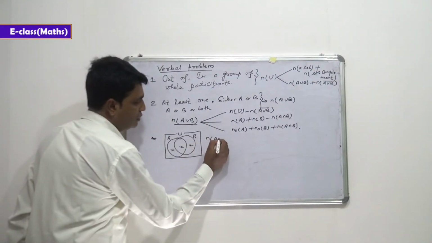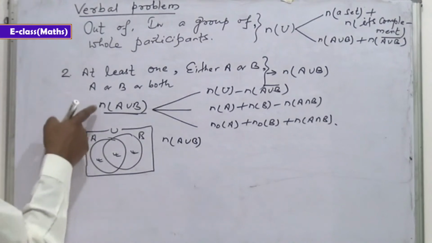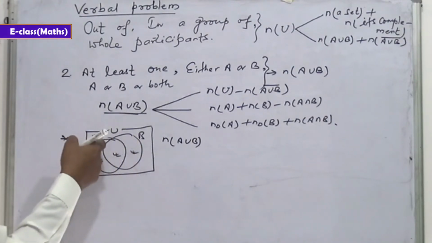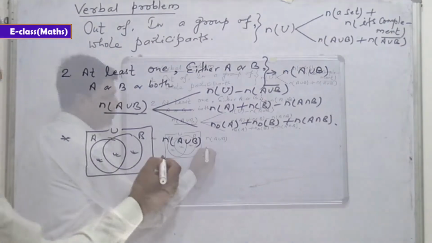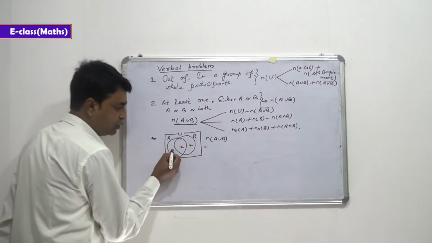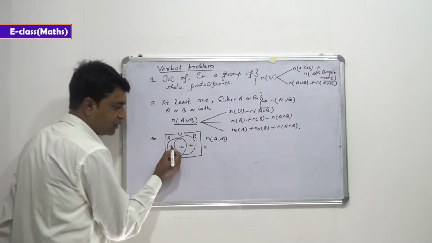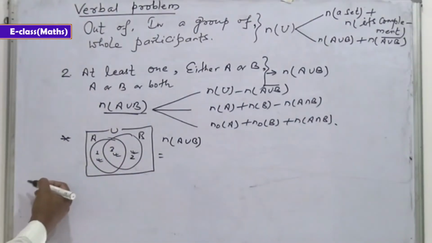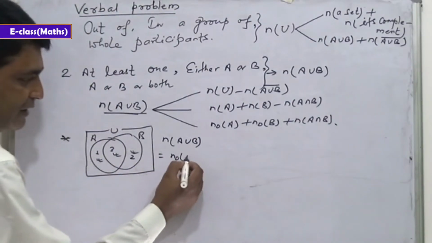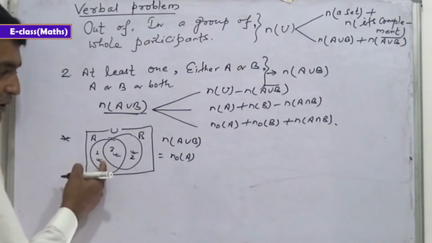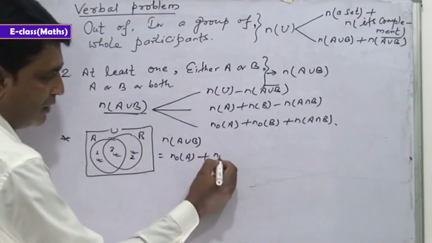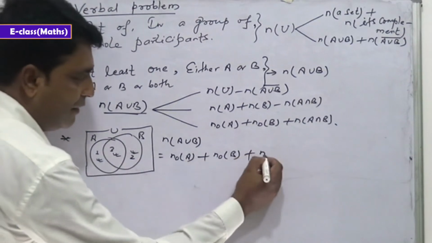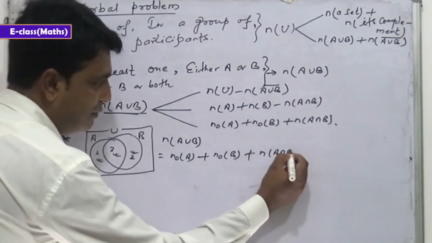n(A union B) यो LHS को टर्म छ, अर्थात् यो पुरै पोर्सन हामी लिइरहेका छौँ, जसमा which can be written as, see here, यो टुक्रा 1 नम्बर को टुक्रा, 2 नम्बर को टुक्रा र 3 नम्बर को टुक्रा. Can I write here n(only A), this portion, plus n(only B), plus this portion, and n(A intersection B).